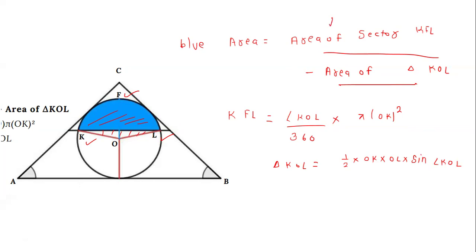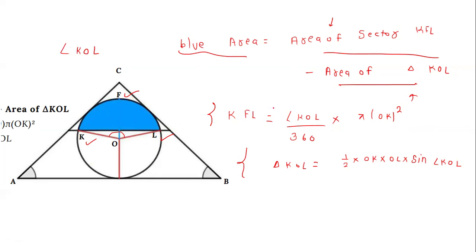So area of the sector KFL minus area of the triangle KOL is equal to our blue area. So we first find out the sector area, then the triangle area, then subtract both of them. So how we find out the sector area? So it is simply, let's say this whole angle is angle KOL.